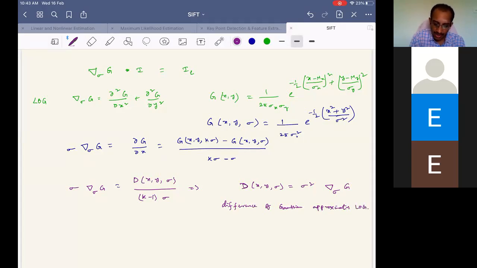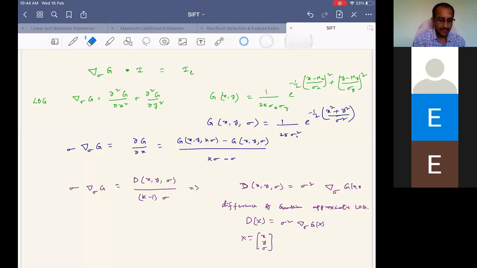So essentially we can represent this as capital X being all these things taken together, and then sigma square.